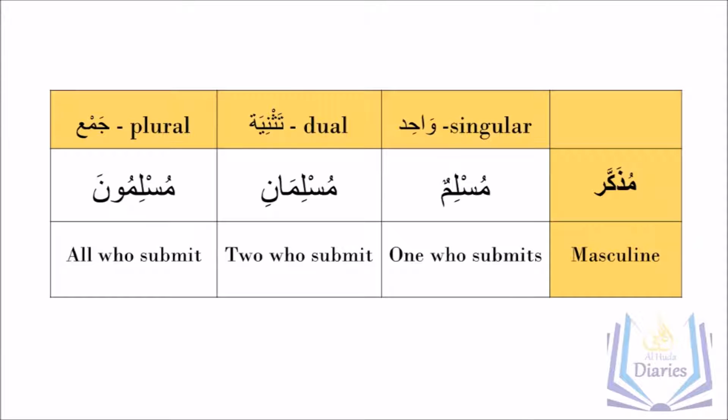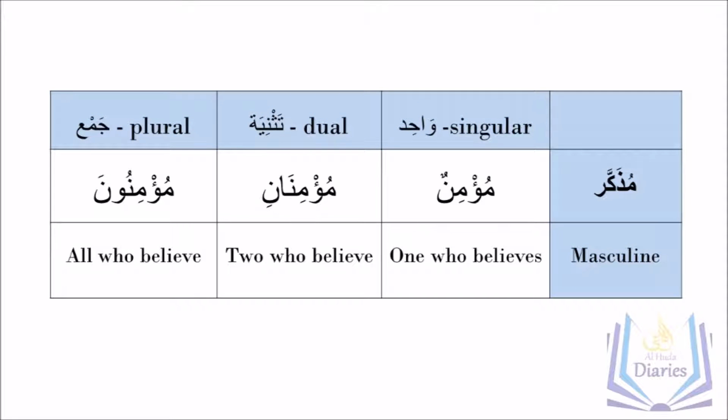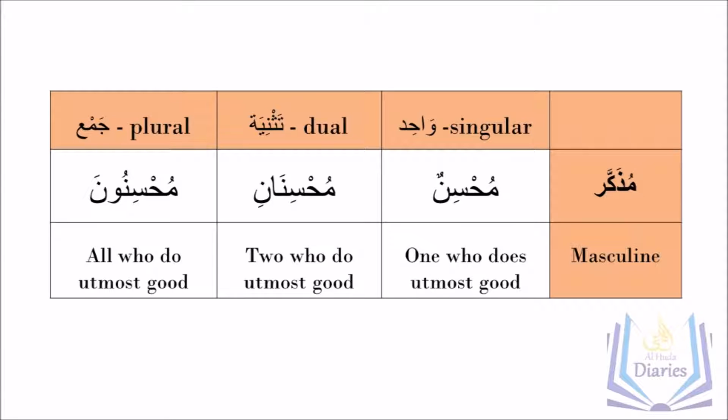So we have muslimun, muslimani, muslimuna. Now let's take another example. Mu'minun, mu'minani, mu'minuna. Another example. Muhsinun, muhsinani, muhsinuna. Now this is when it comes to the state of rafa.